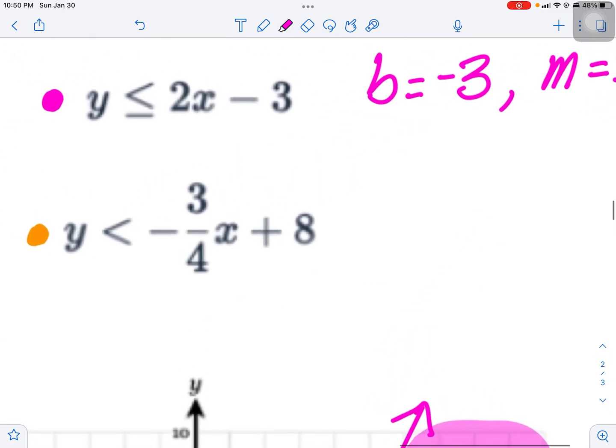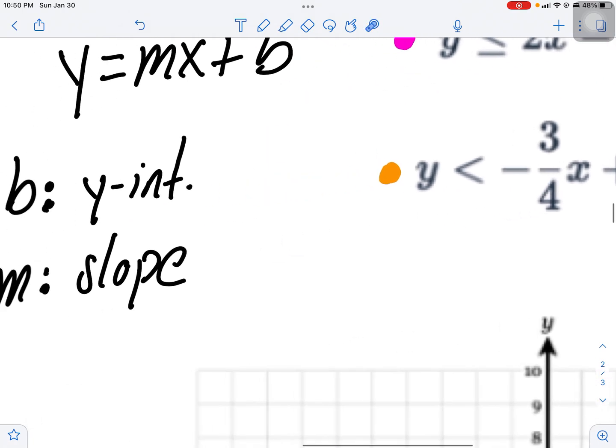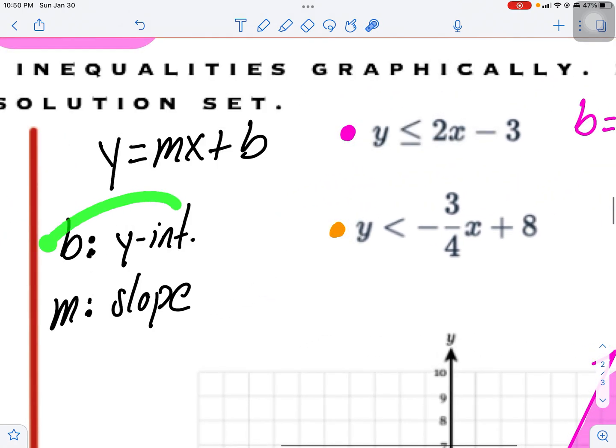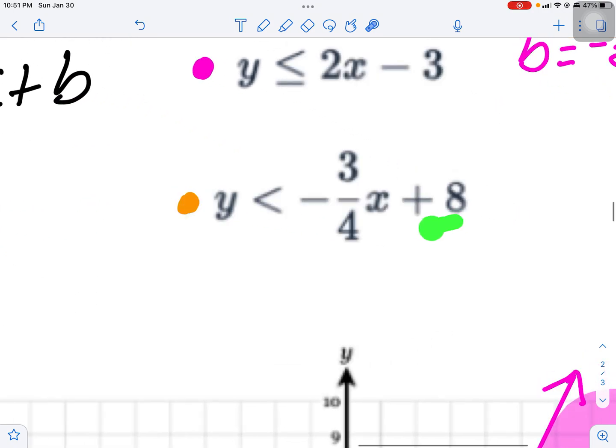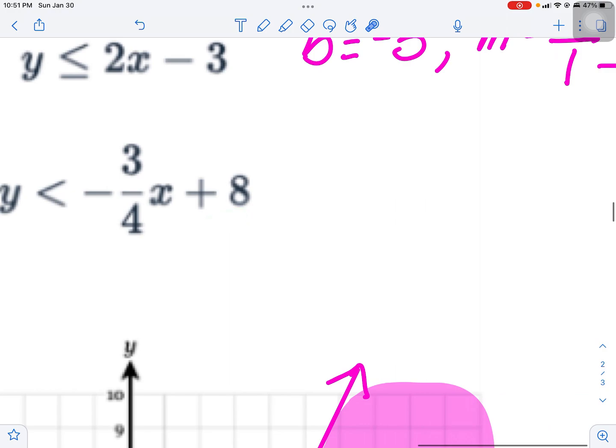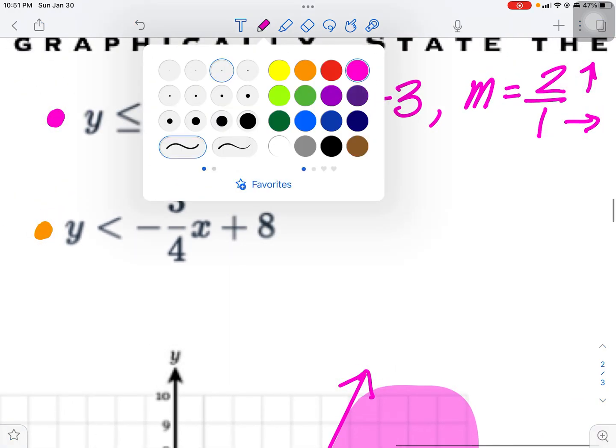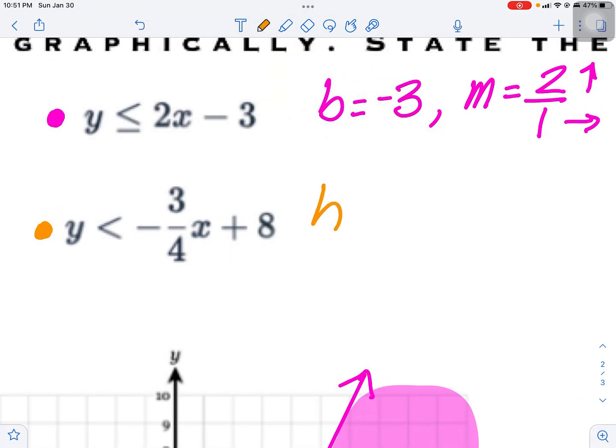So now let's do our orange. Okay, let us find B first, right? B is our y-intercept, which is the last number in our equation there, which is 8. So our B, switch to orange, B is equal to 8.